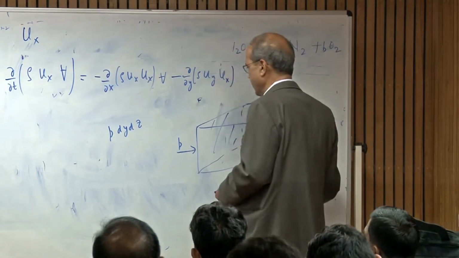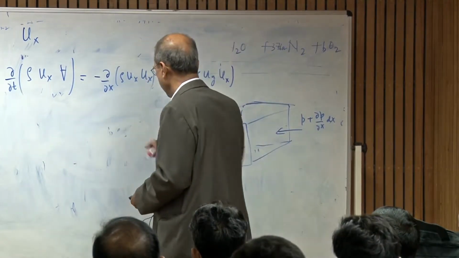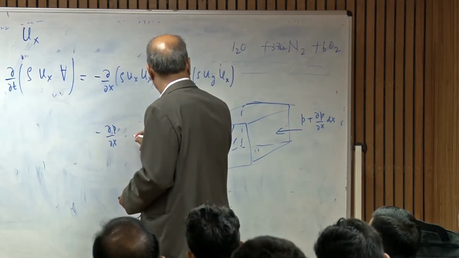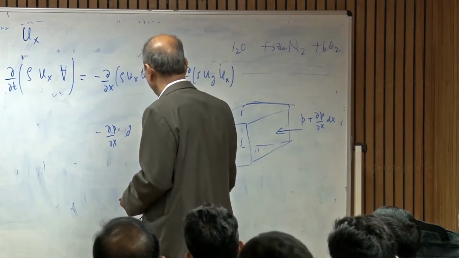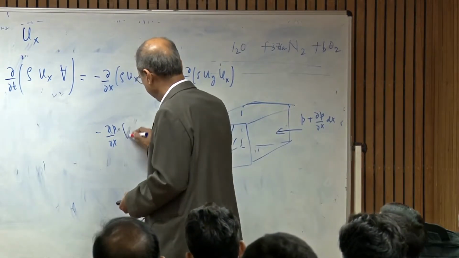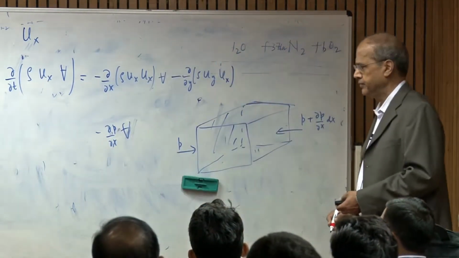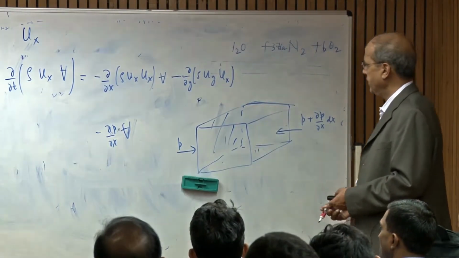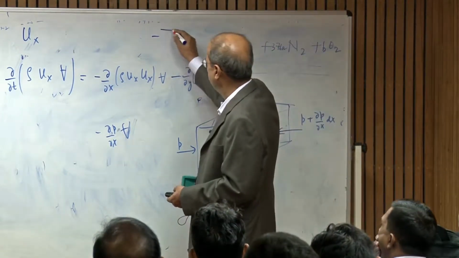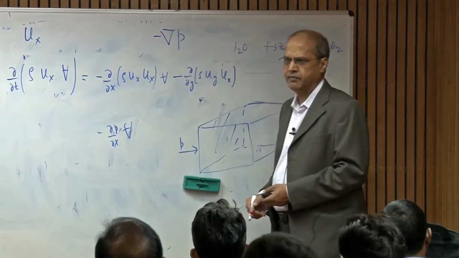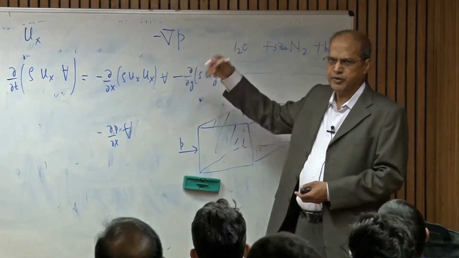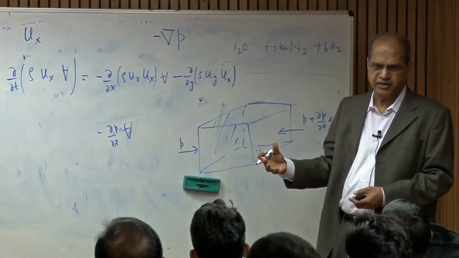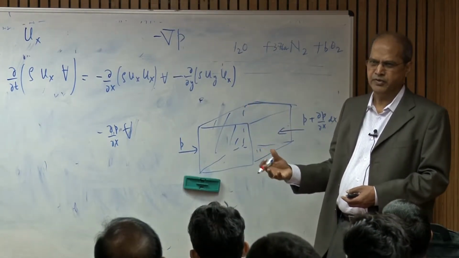So when you take the net, you will again get minus dp dx times the volume. So that is the pressure force. In general, the pressure force is always minus del P, that is the vector. So this is the pressure force per unit volume, and then you can take components. In the x direction it will be dp dx, y direction dp dy, and so on.